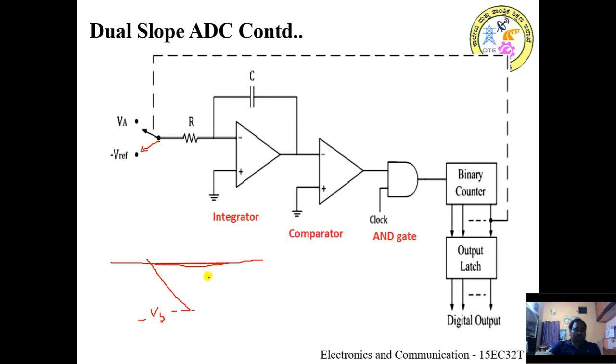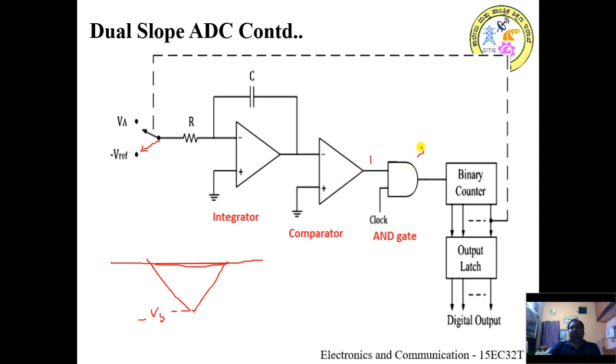So as the slope increases in the positive direction until it reaches zero, obviously the comparator output will be 1 only. Still the comparator output is 1 only, because until it reaches 0 volt, the output of the comparator will obviously be 1.